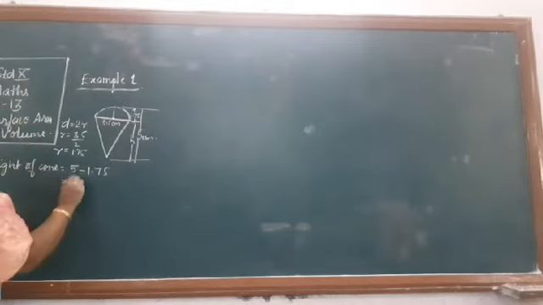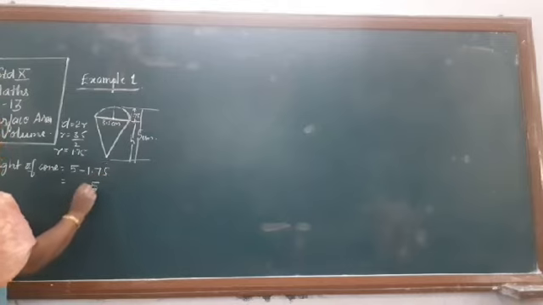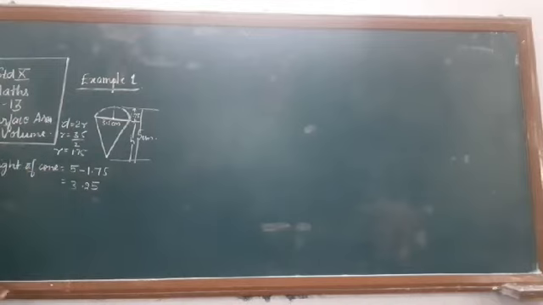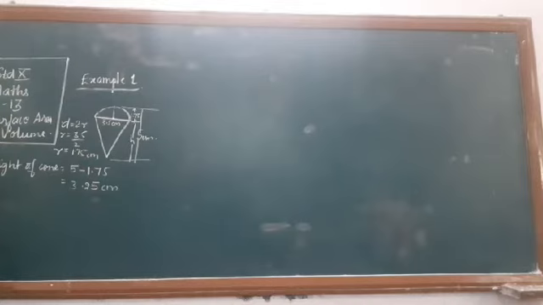So it will become, 10 minus 5 is 5, 9 minus 7 is 2 point, and 4 minus 1, that is 3.25 centimeter. Okay, we can always write centimeter. Height of the cone you got as 3.25.